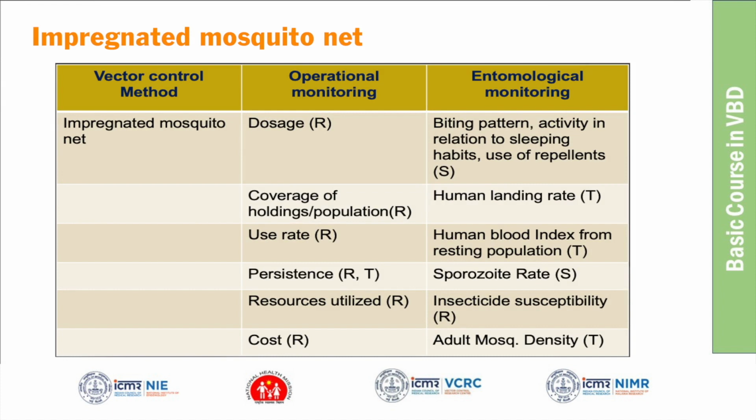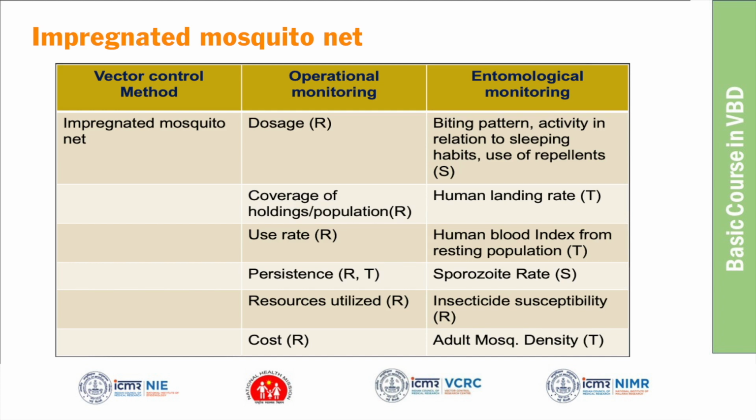Coming to the impregnated mosquito net, what are the operational or process indicators? The dosage with which you have treated the net, whether the dosage is applied correctly or not, coverage as percentage of households covered with the net, percentage of the population covered with the net, then use rate.